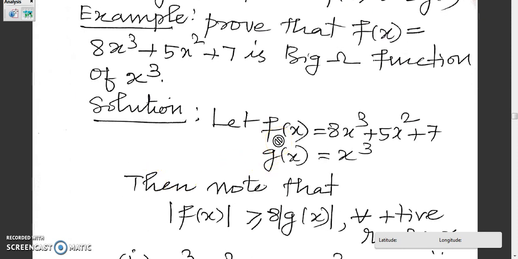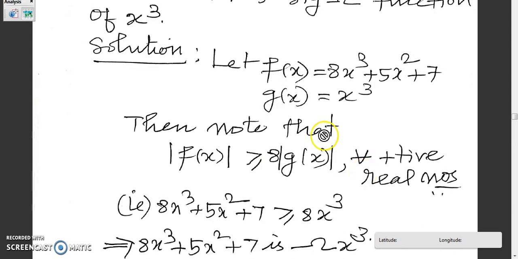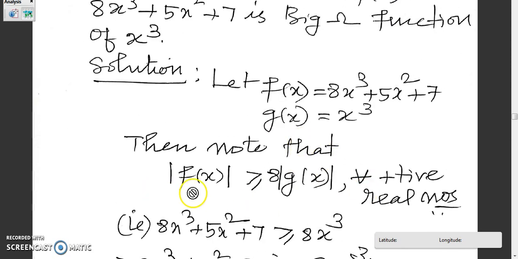Now f of x is 8x cubed plus 5x squared plus 7, and g of x equals x cubed. Now note that the absolute value of f of x is greater than or equal to 8 into g of x.